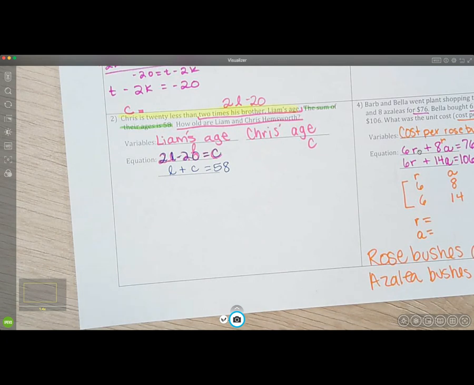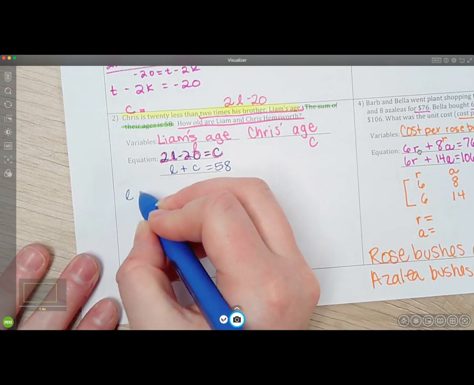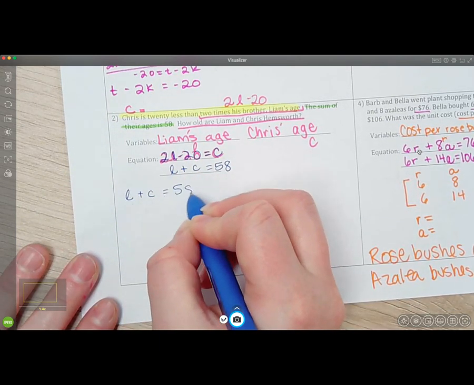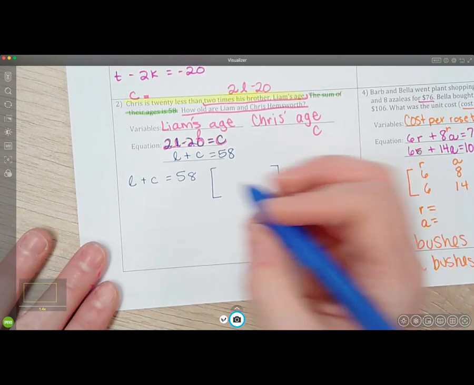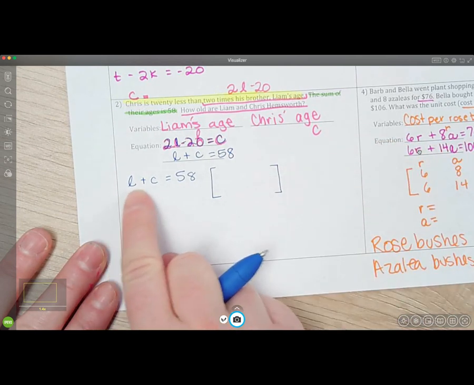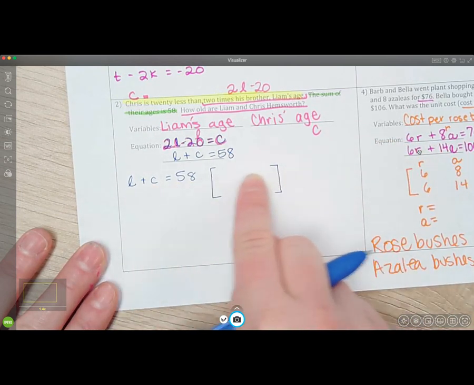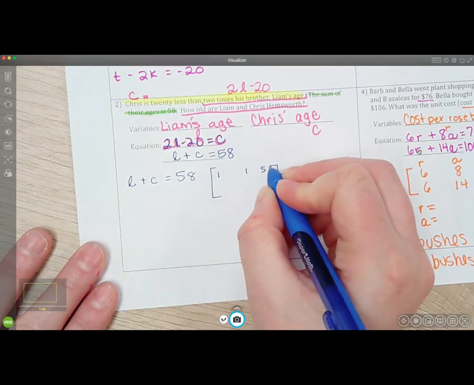In order to do the matrix, we've got to have them in the same order. So I'm going to start with this one. L plus C equals 58. So transferring this equation to a matrix, you do your coefficients 1, 1, 58.